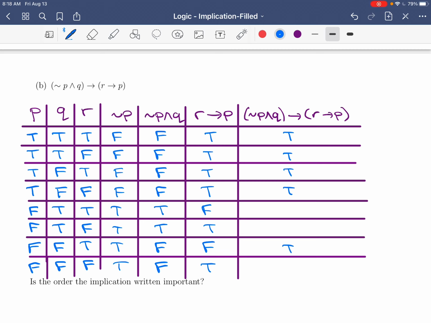So also down here, the premise is false. And then these two rows where it's true, in one of them it's true, true, so that's true. But in the other one, it's true, false. And that's the only time that we get a false for the implication.